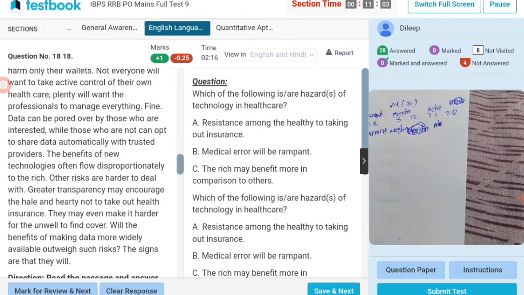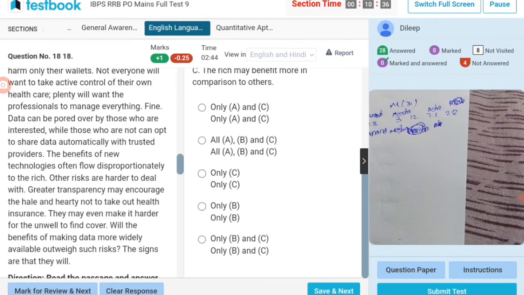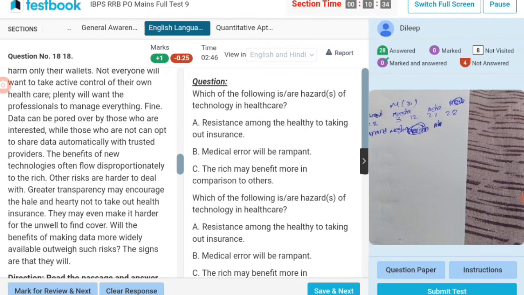Not to take out health insurance. Medical error will be rampant. The rich may benefit more in comparison to others. So A, B, C.